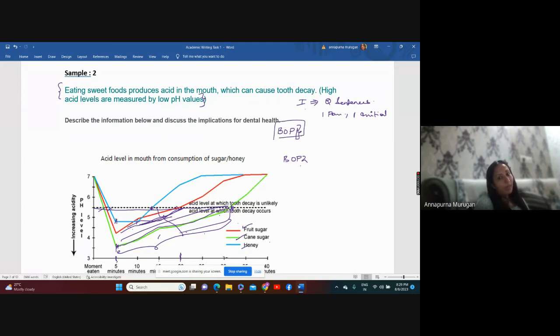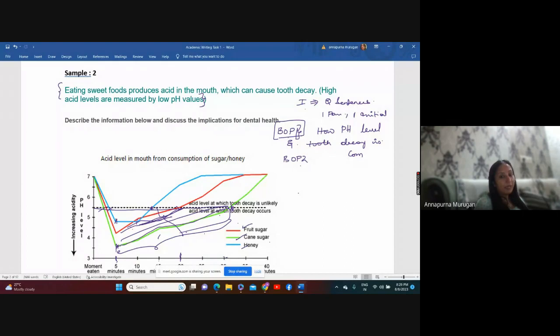So therefore, I have one thing here. In body paragraph 1, why don't you describe how pH level and tooth decay are compared.